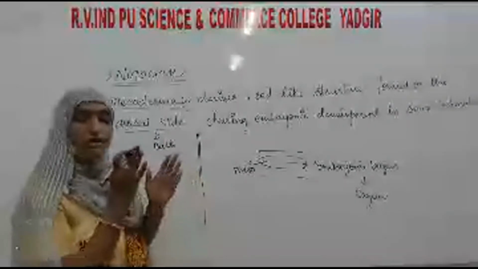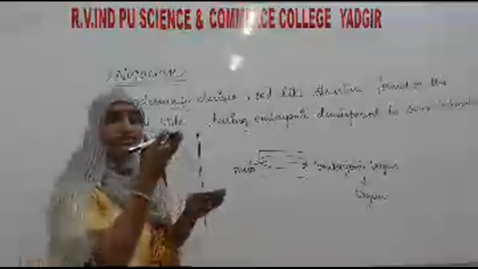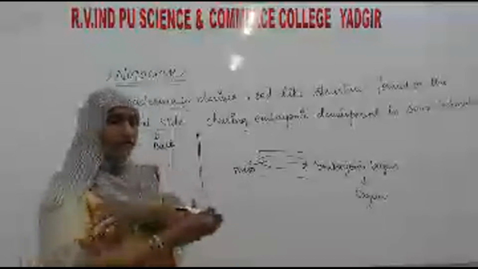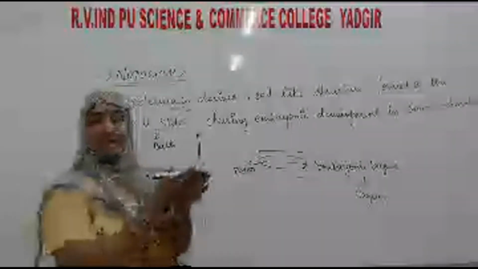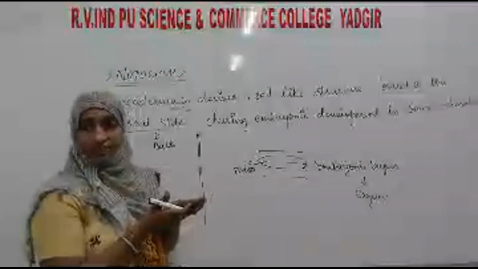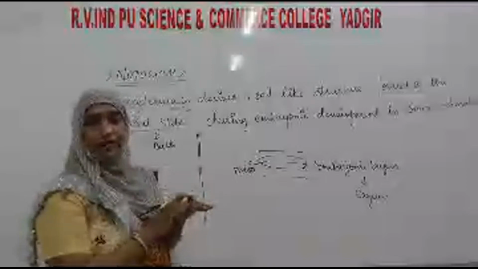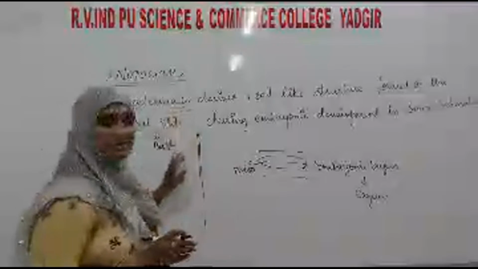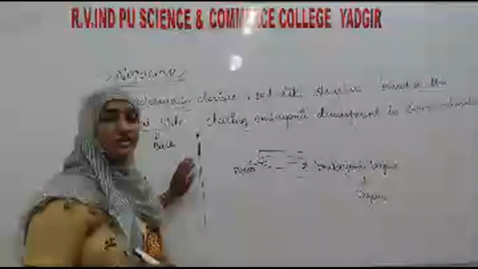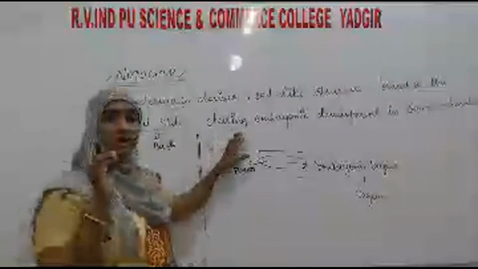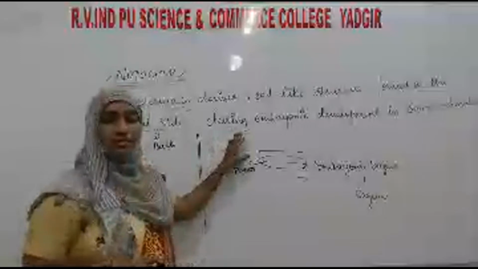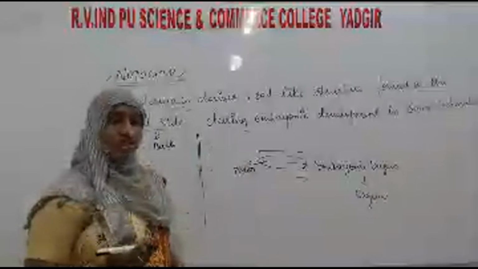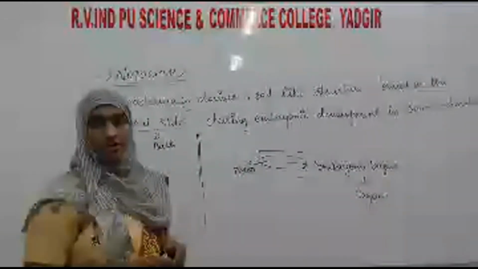If we see the human body, whatever the stomach region is, that is the ventral region. Back side means the dorsal region. So here the notochord is present at the dorsal region during embryonic development in some animals, but in some animals it is going to change into the vertebral column.